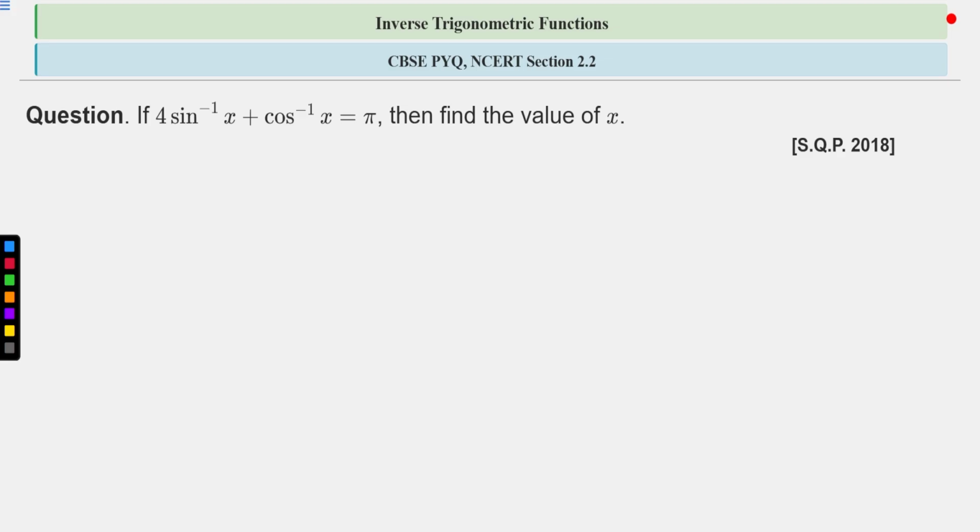After solving this, we can easily find the value of sine inverse x and cos inverse x, and after that, we can easily find the value of x. You have 10 seconds to solve or think about this question. After that, we will move to the solution part.